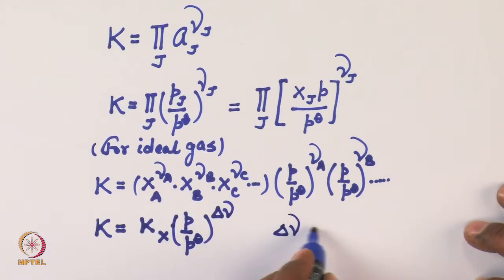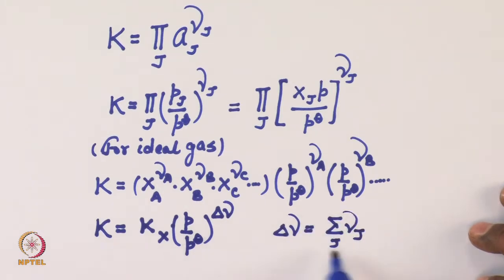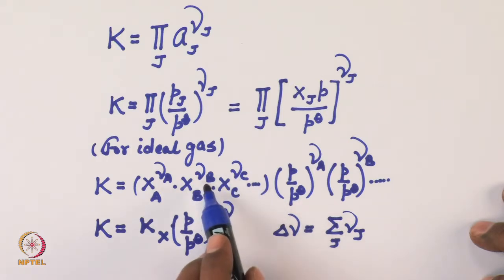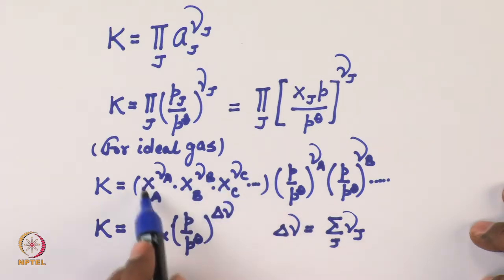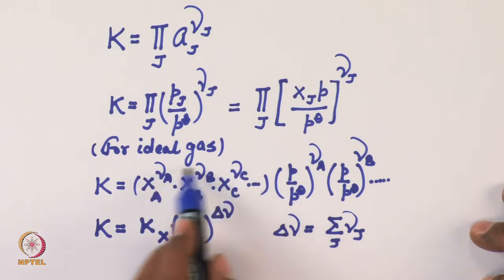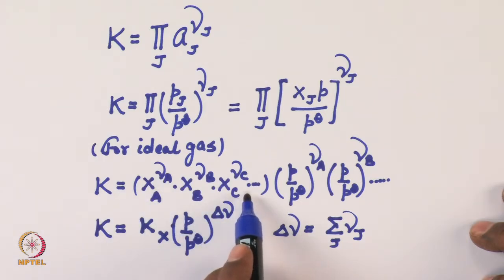where delta nu is equal to summation j nu j, and this stoichiometric number is positive for products and negative for reactants. So, if we carefully examine this, with positive sign for the product and negative sign for the reactant, it actually is a ratio of the product of mole fractions of the products raised to the power of their appropriate stoichiometric numbers divided by the product of mole fractions of the reactants.